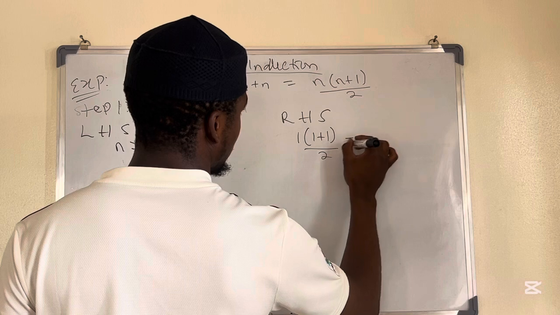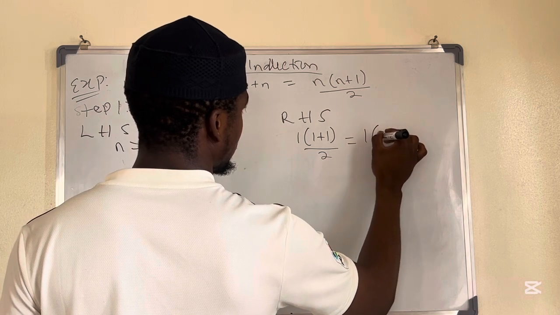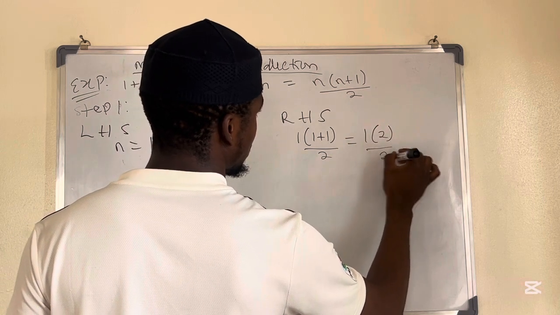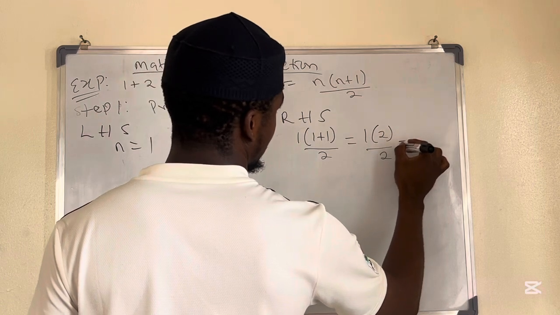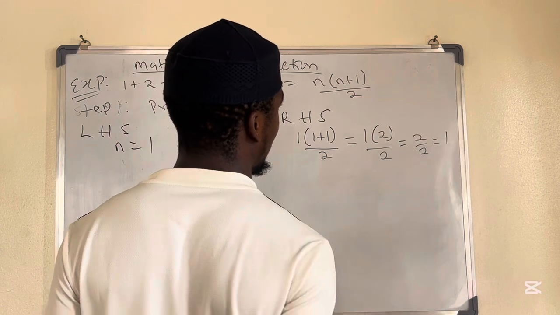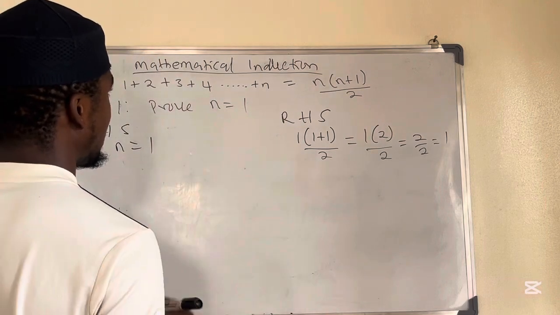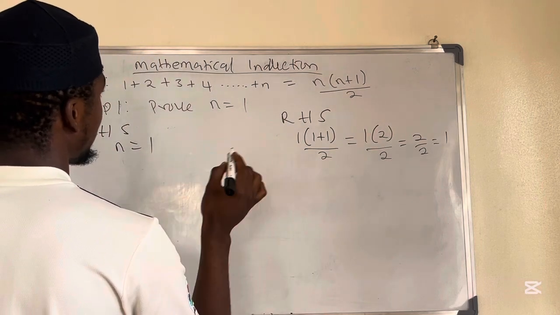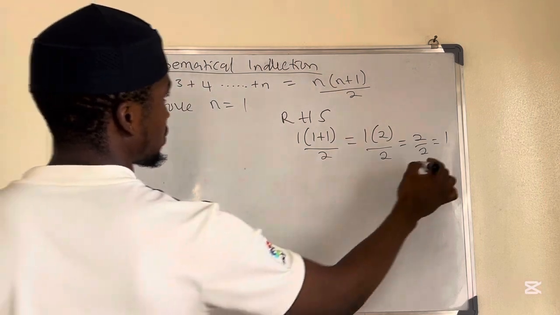That equals 1 into 2 all over 2, which is the same thing as 2 over 2, which is equal to 1. So we've proven that n equal to 1 holds.